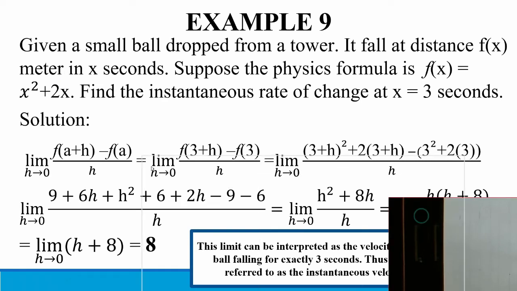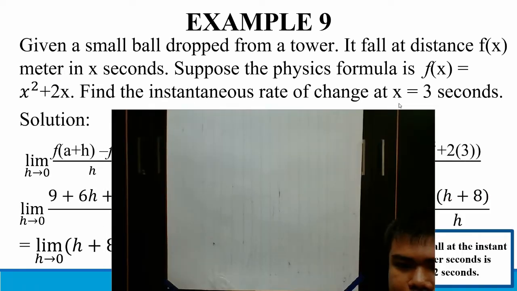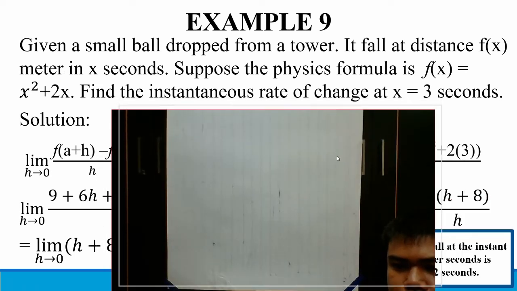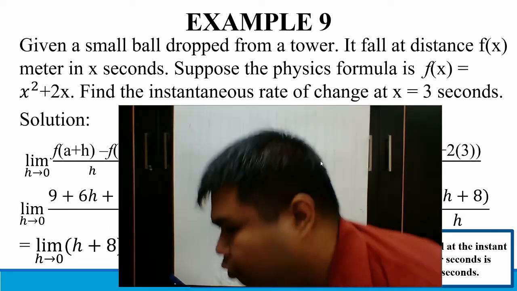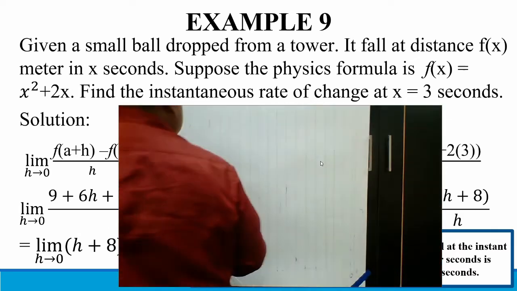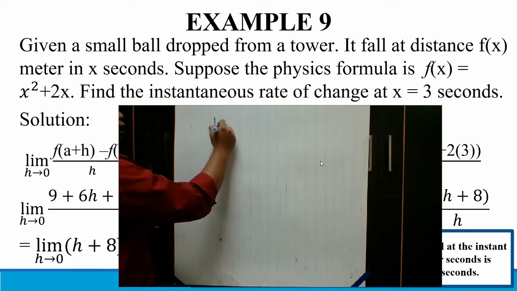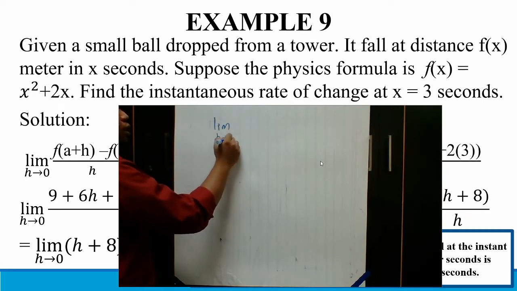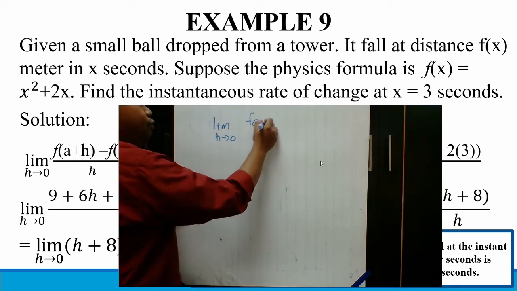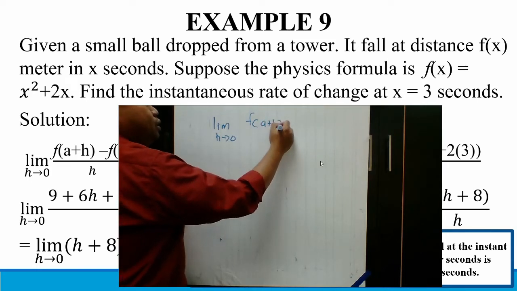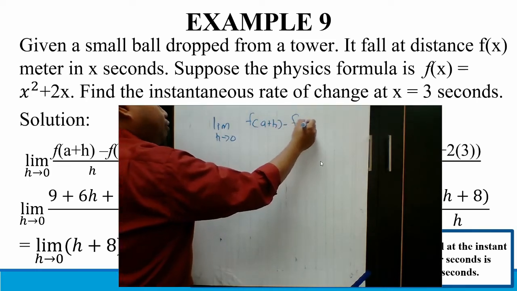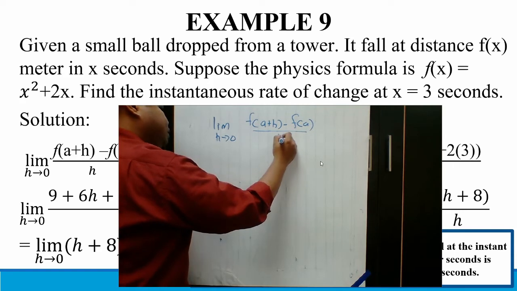So to find the instantaneous rate of change at x equal to 3, you need to remember the formula, which is the limit as h approaches 0 of f(a plus h) minus f(a), divided by h.